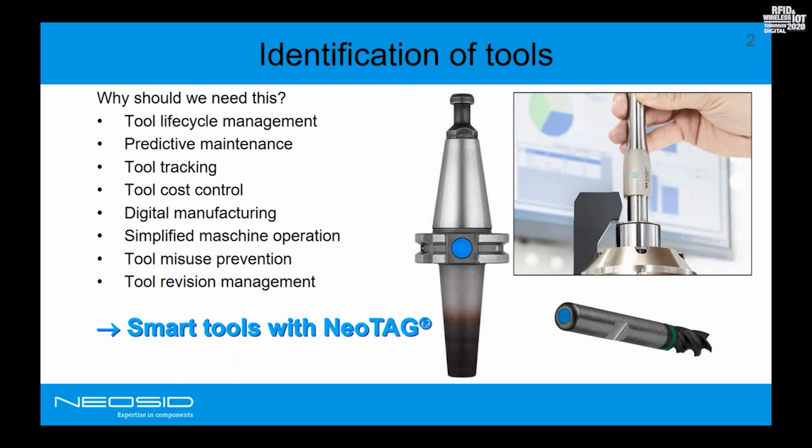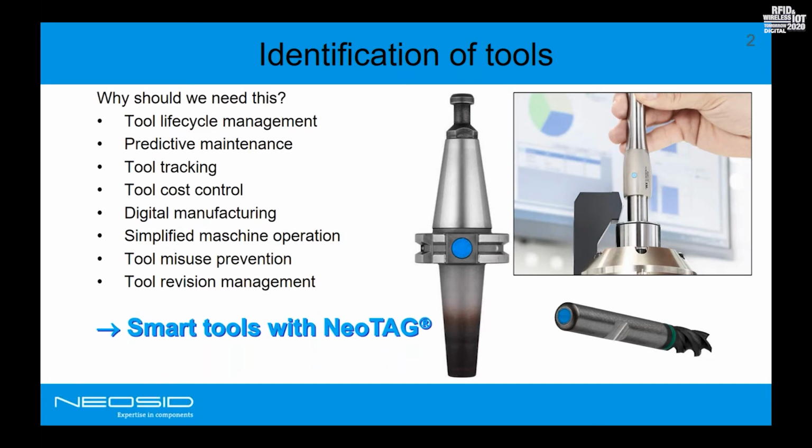An example here on the right side is a hollow shank taper, or the second picture is a honing tool from the company Caria, where we made different projects together with them.